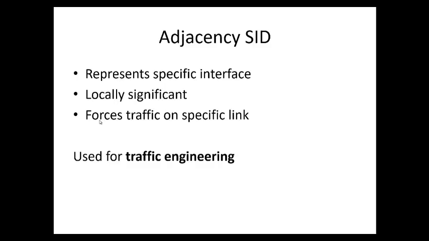Why do we need that? So that we can force the traffic through a specific link. That's what we want. We want some traffic to go by a particular path. So we simply use the adjacent SIG ID to force the packet through the path.